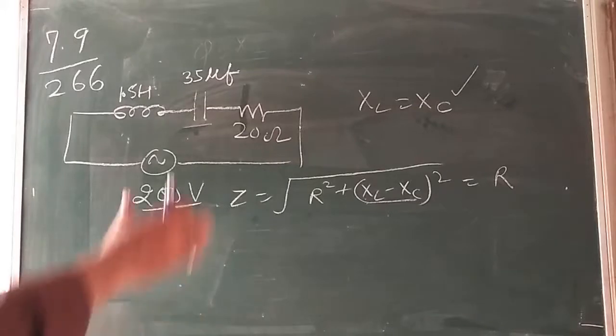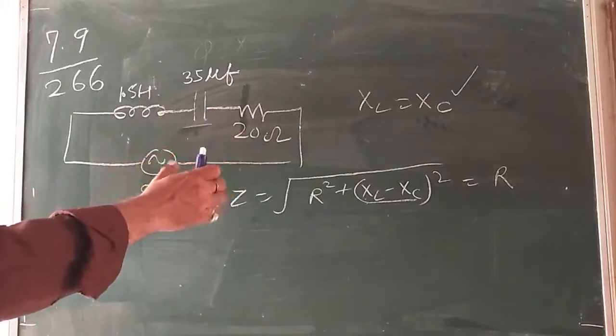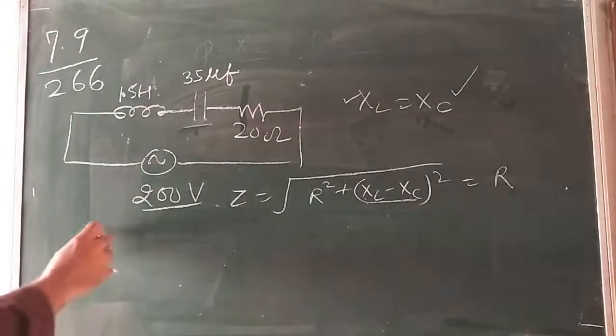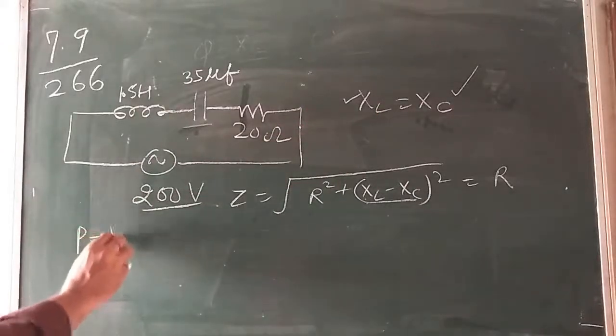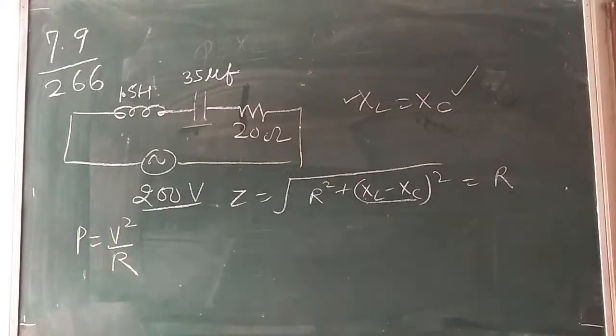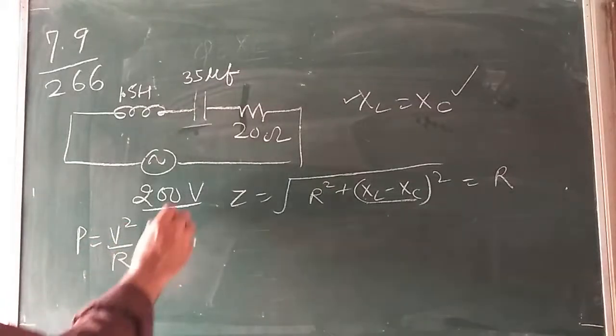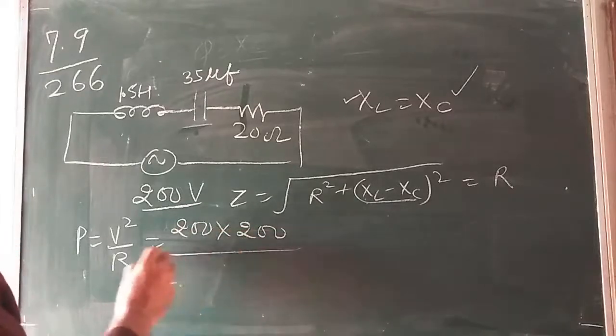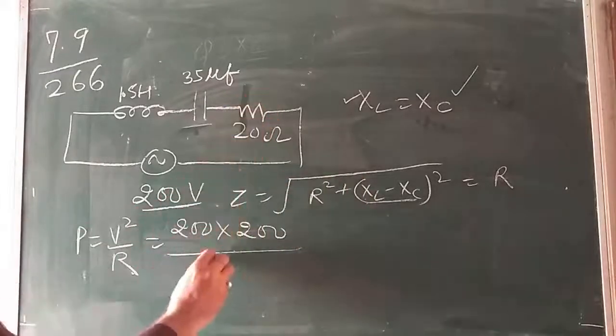When the frequency of the supply equals the natural frequency, at natural frequency, first you will write this. Then the power is P equal to V square upon R. What is V? That is 200. So that is 200 square divided by R. R value is 20.